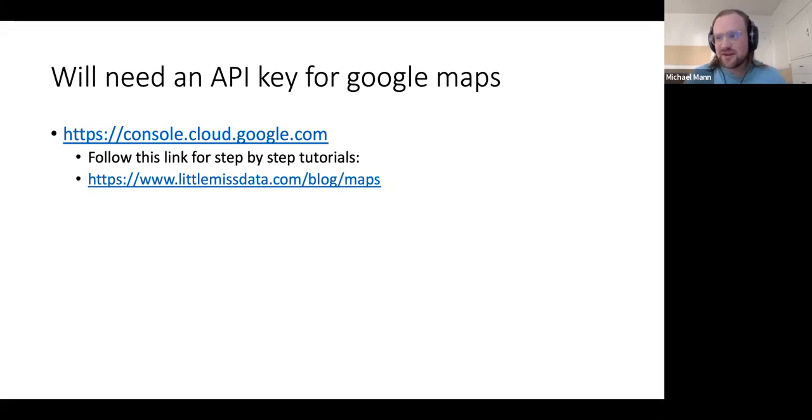And the most I've ever used from building a bunch of maps for my own projects was, I think, maybe 25 cents of that $200. So I would be very shocked for this course if you ran into that. And I can let you all know how much it costs for me to make this tutorial because I've been remaking a bunch of these maps. But you can also avoid this by using the open source maps as well.